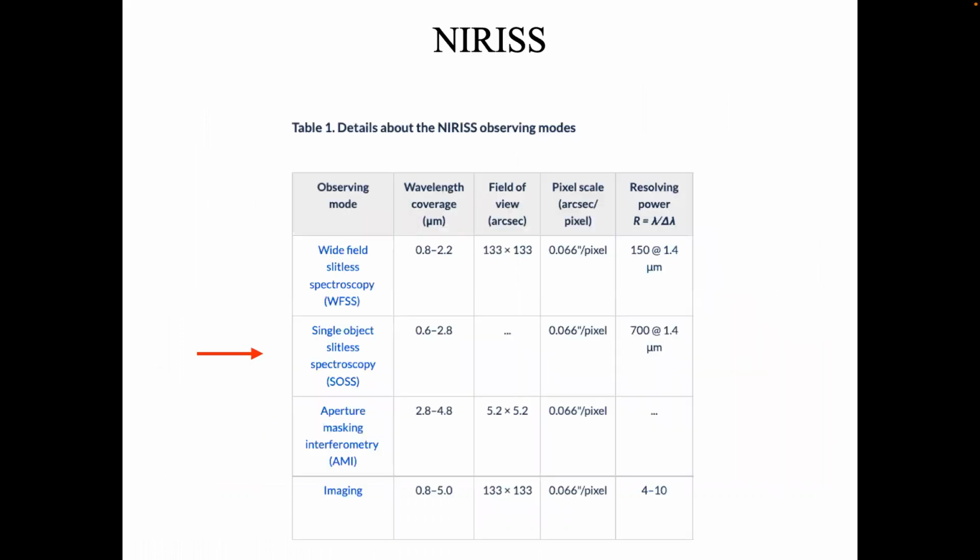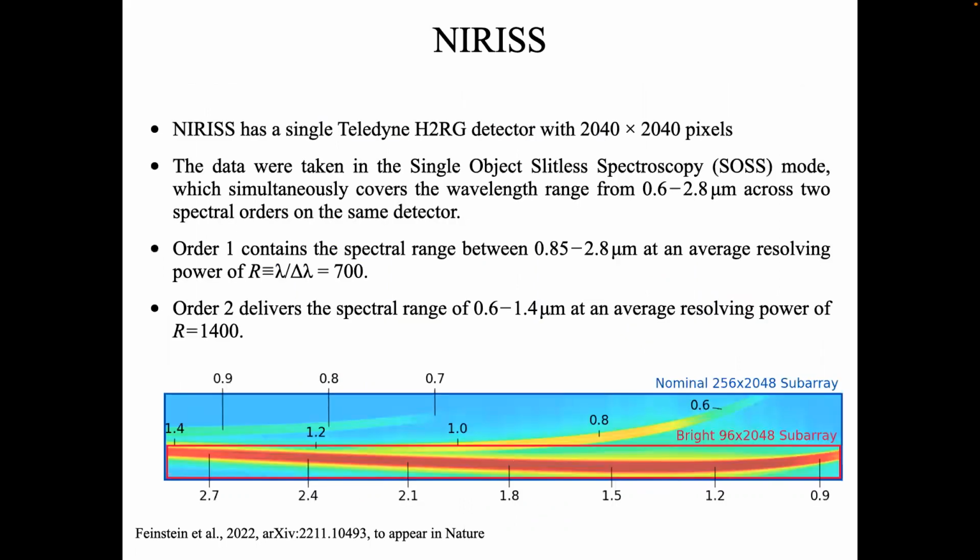Then NIRISS. We used NIRISS in SOSS mode, single object slitless spectroscopy, covering the wavelength range from 0.6 to 2.8 microns. Actually, NIRISS has a single detector.